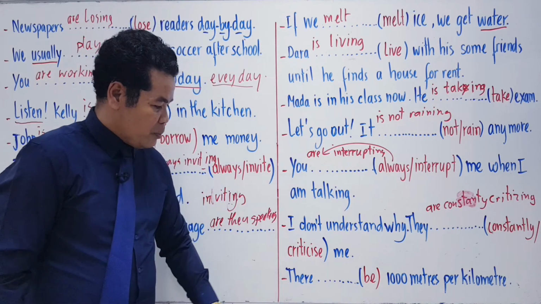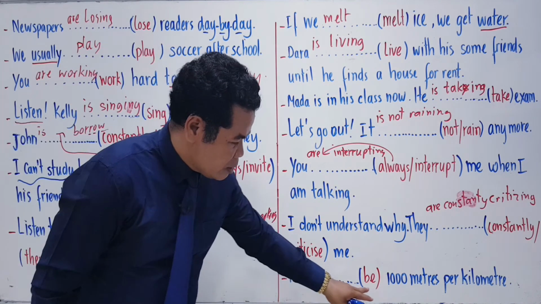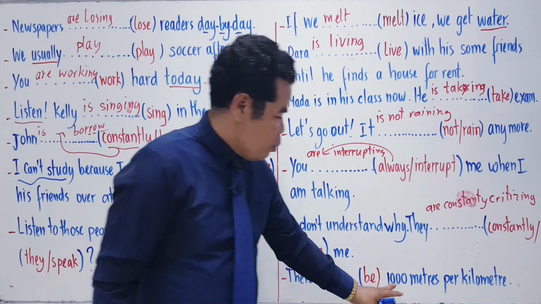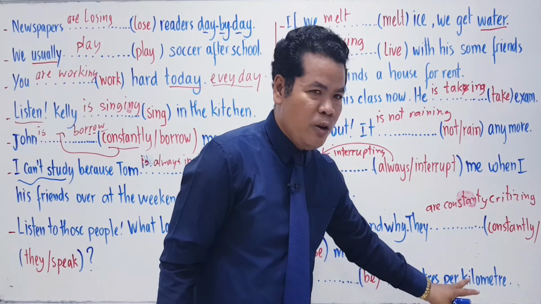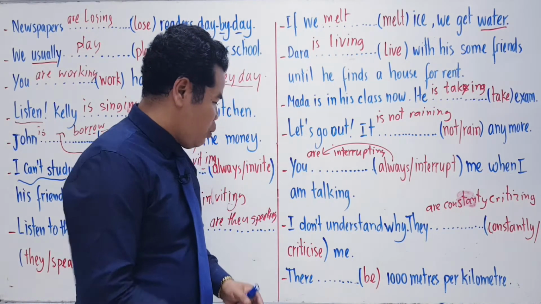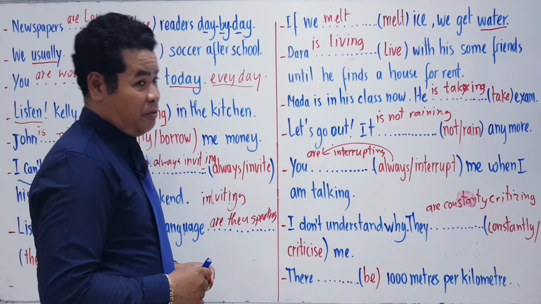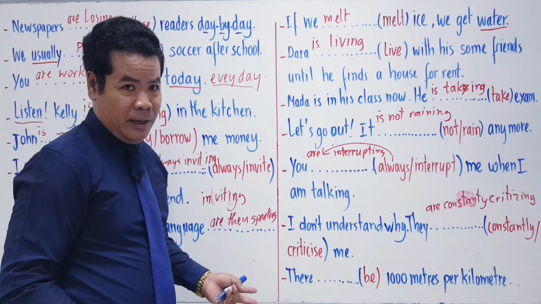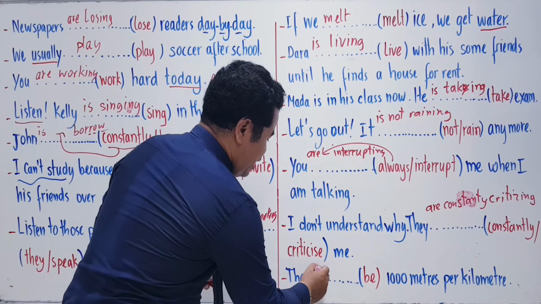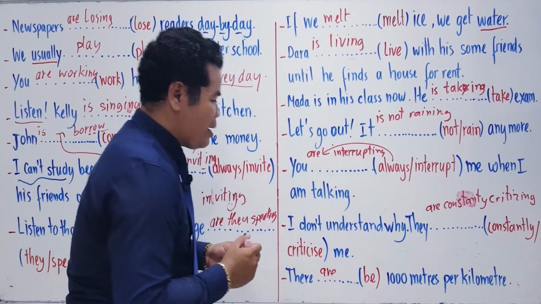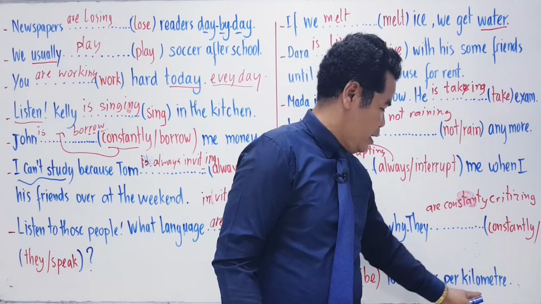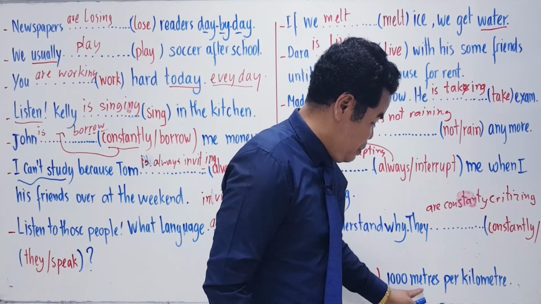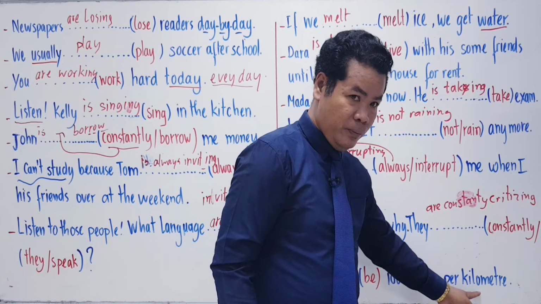The last one. There is, verb to be, 1,000 meters per kilometer. So what is that? Is it a fact or is it not a fact? It's a fact. So what do you say? There are 1,000 meters per kilometer.